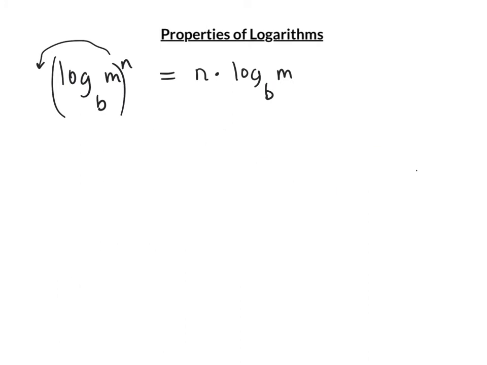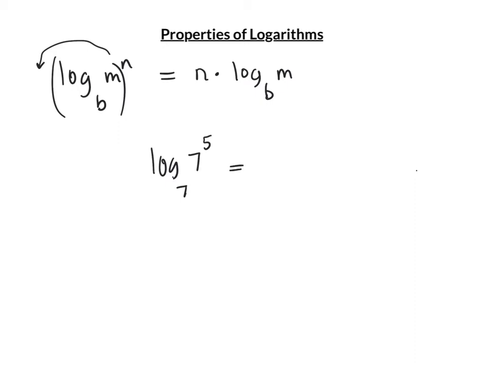An example of how this might be used just in practice, we'll use this to solve equations at some point, but here's a simple example. If I asked you to work out the log base 7 of 7 to the 5th power, I could take 7 to the 5th power, but that's going to be a really big number, and I don't need to.